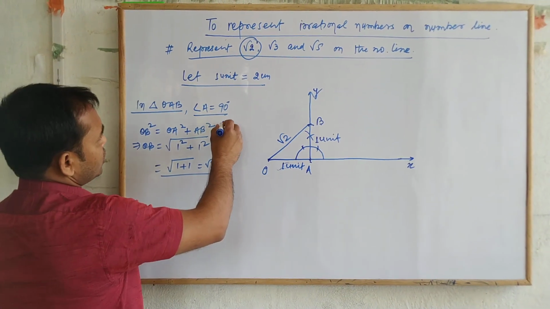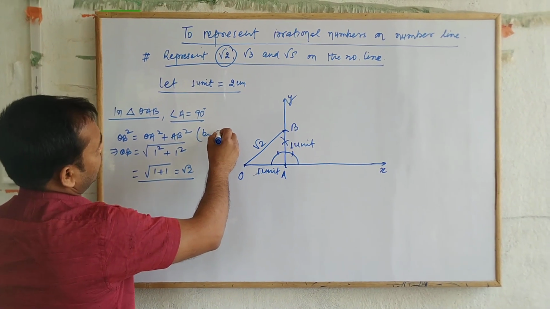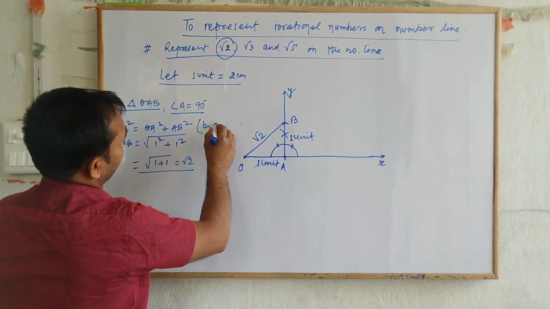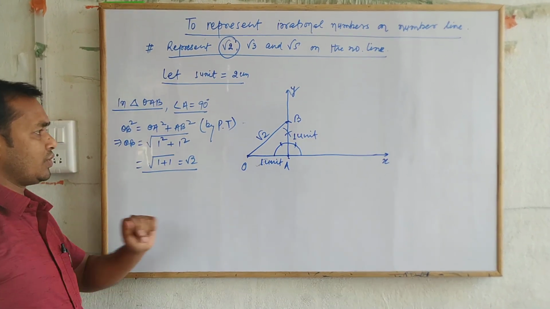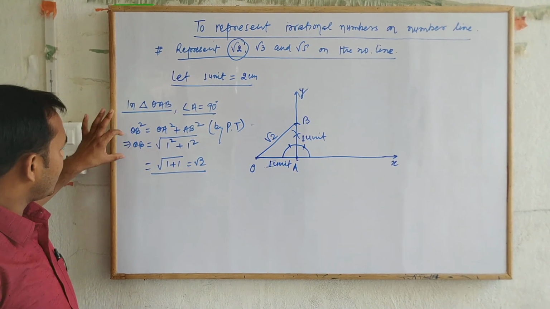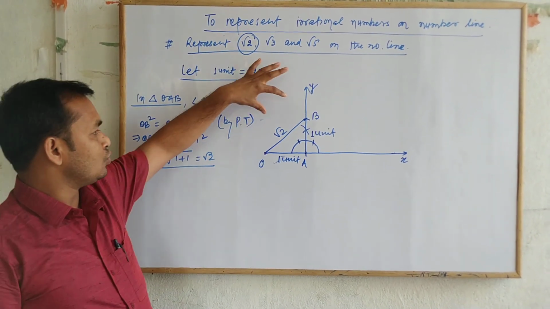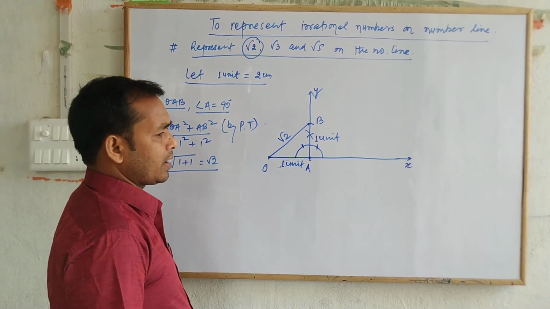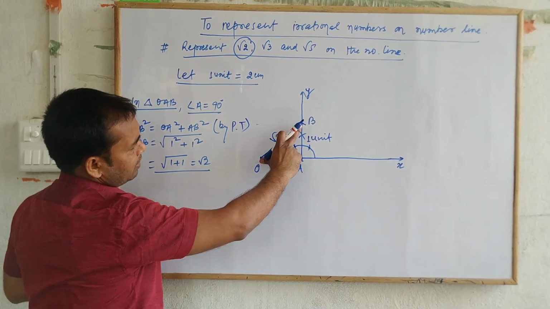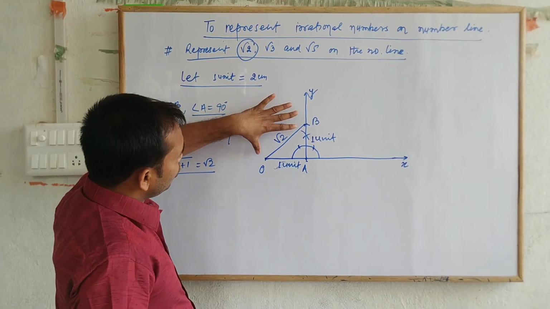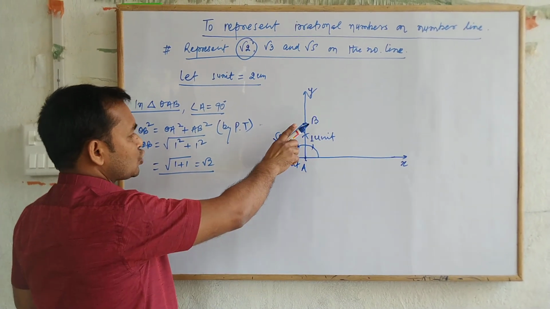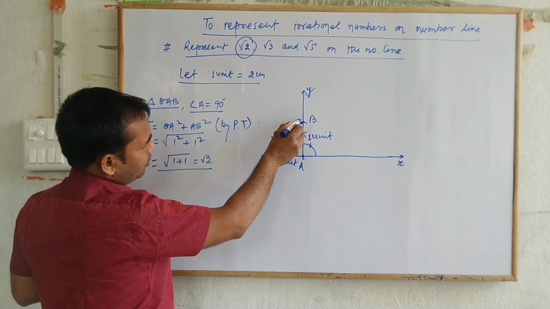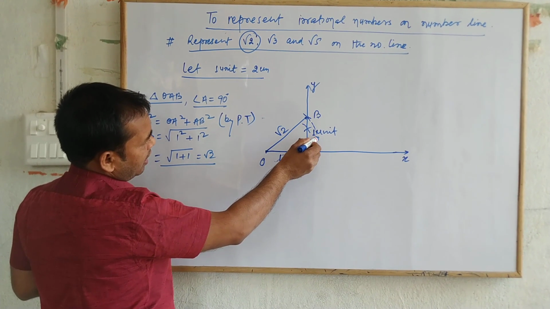You can also write here by Pythagoras theorem, in short PT. Now we are looking that OB is equal to root 2. Here we take a compass with root 2 length, and from point O, with the length of OB, draw an arc.